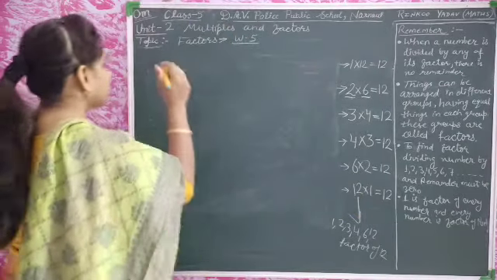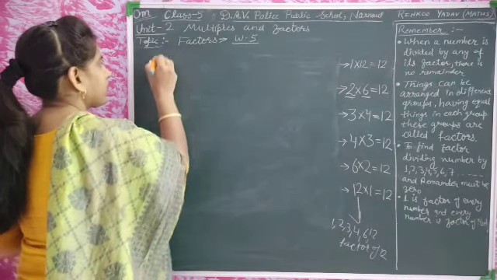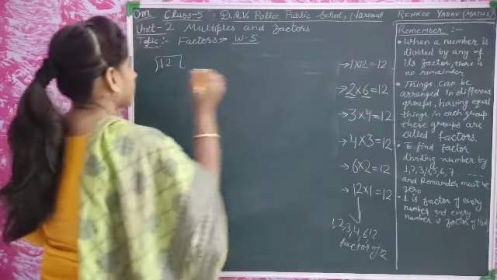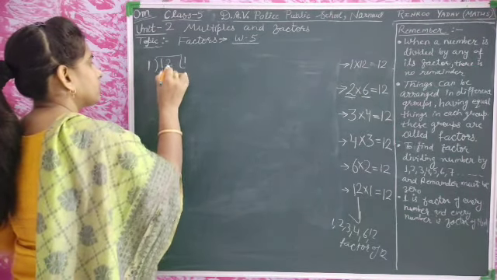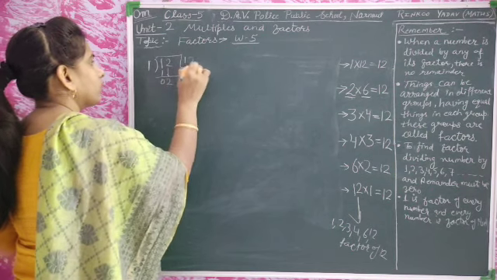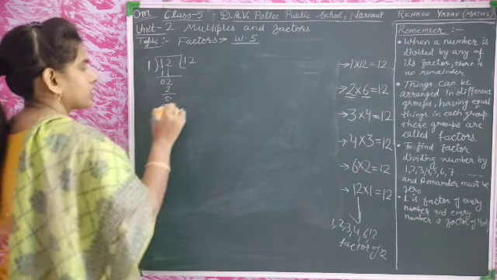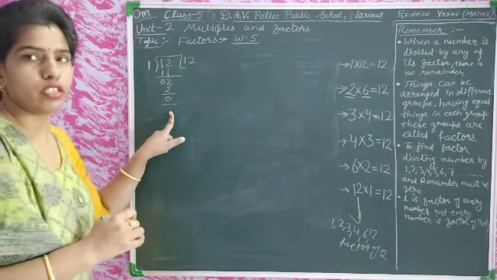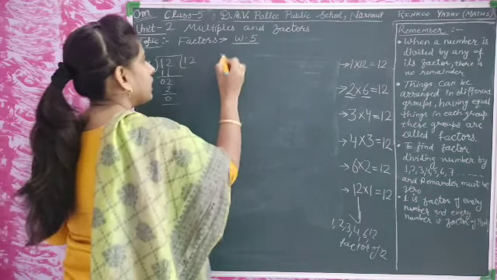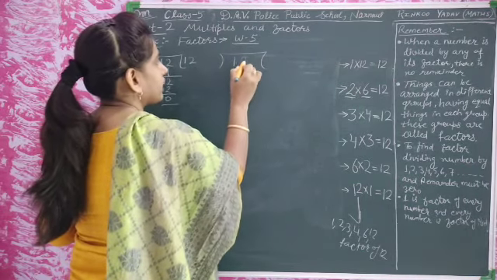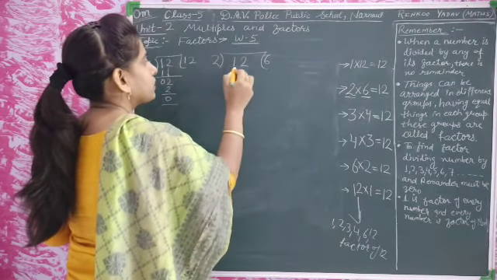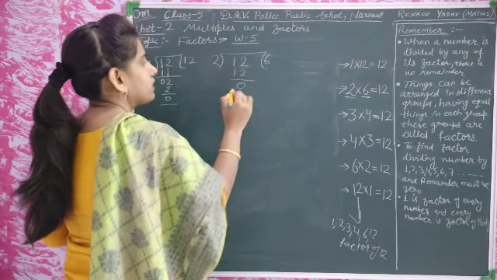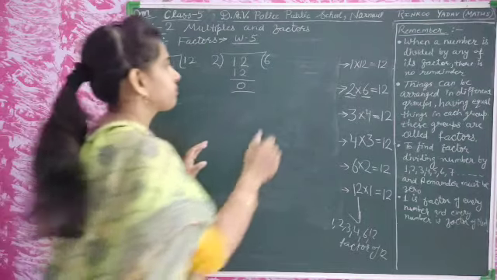So let's check. If 12 is divided by its factor 1, 12 divided by 1 is 12, and the remainder is 0. Next number is 2. 2 times 6 is 12. The remainder is 0. No remainder is left out.